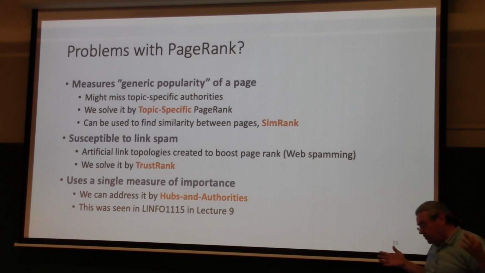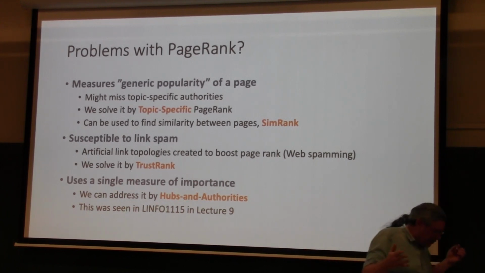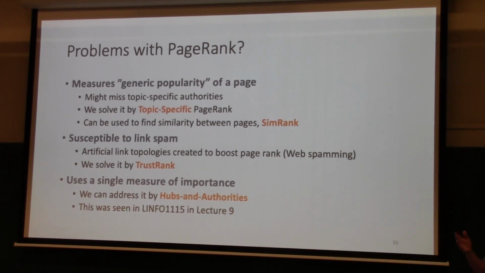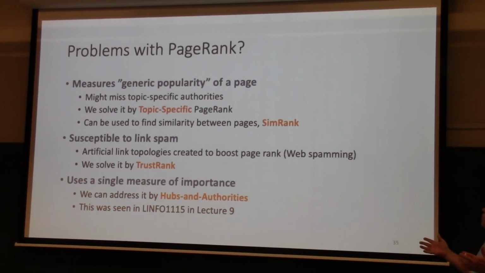Because maybe there's not so many people doing stamp collecting, and there's many more people interested in Kalashnikov machine guns than stamps, so the stamp pages would have much less popularity. So you want maybe a PageRank that knows about topics. Okay, so we'll explain that a little bit.